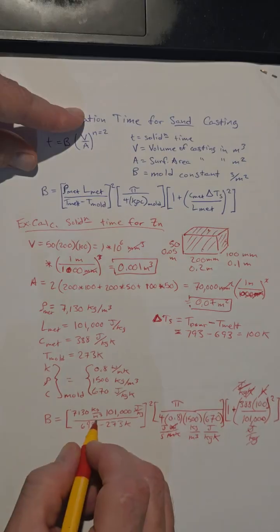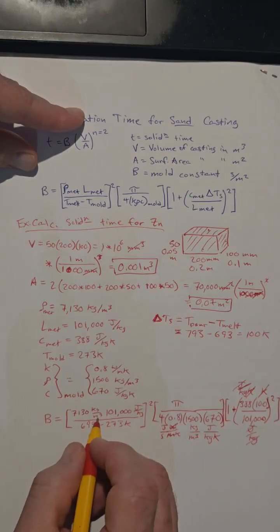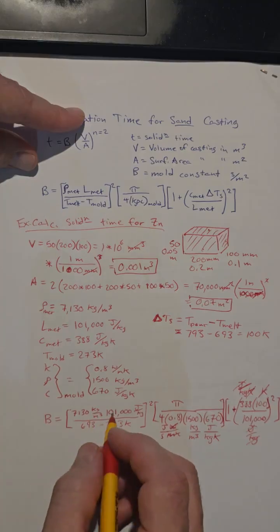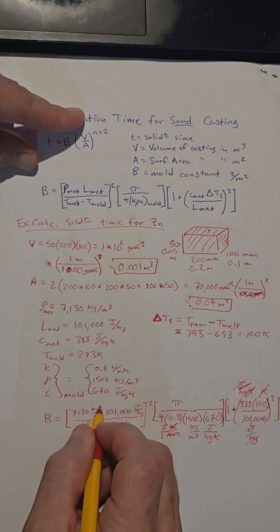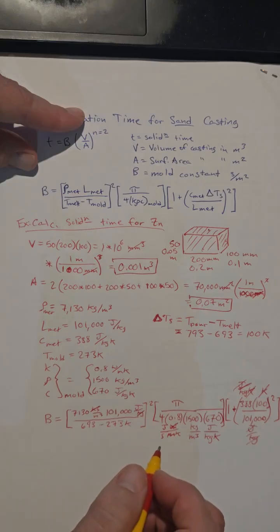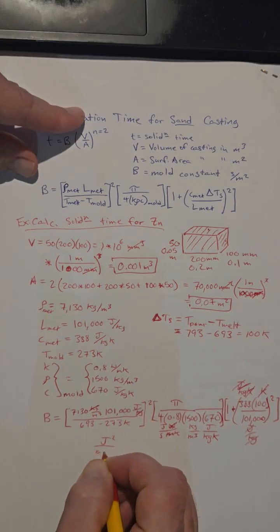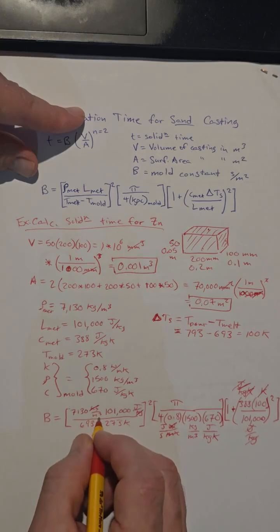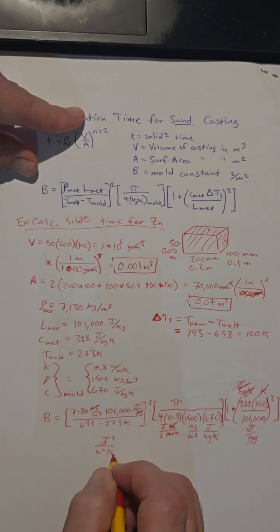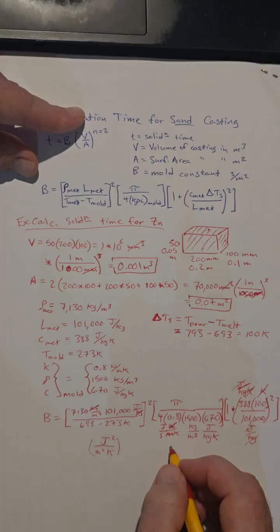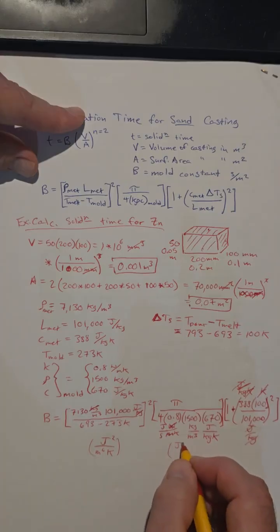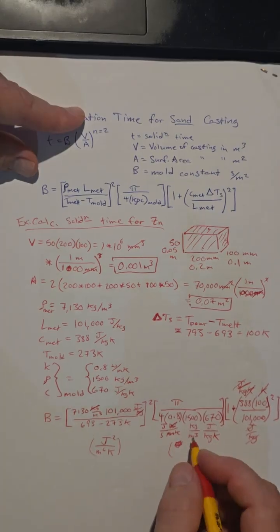So that's good. Now I've got to look here. This term is squared, so all these units are squared. That kilogram, before I even square it, looks like it cancels with that one. So I end up with joules squared per meter to the 6th, Kelvin. Over here, I'm going to get joules. These units are all on the bottom of the equation.